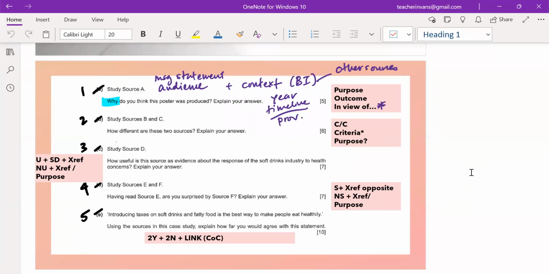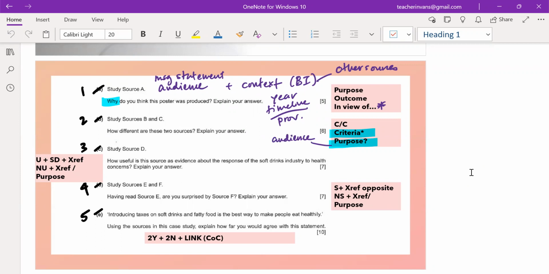Now for question 2, it is a compare and contrast question. In every compare question, I think the most important part is the criteria. Not necessarily, sometimes there will be a purpose. Every time you unpack something based on purpose, we are looking at whether or not there is a specific audience. So just be careful.